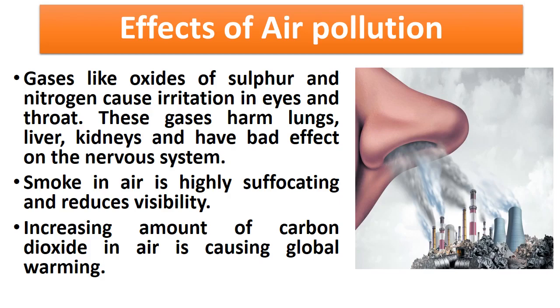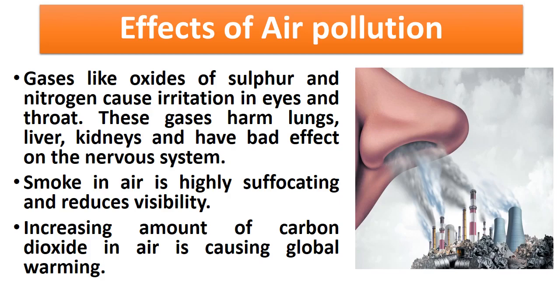So now the question arises: what are the effects of air pollution? You know that gases like oxides of sulfur and oxides of nitrogen are being released by the fossil fuels when they are burnt. Okay, so these gases cause irritation in the eyes as well as the throat. And also these gases harm the lungs, liver, kidneys, and also have a bad effect on the nervous system.